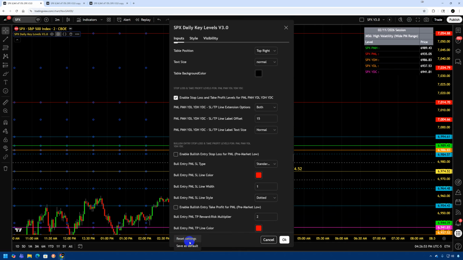Now again, we'll go back and set this to the defaults. As you can see here, enable stop loss and take profit levels for these levels is already enabled. However, even though this is enabled, this is a master switch, and you still have to enable the specific levels and type of trades that you want to do, either bullish or bearish.